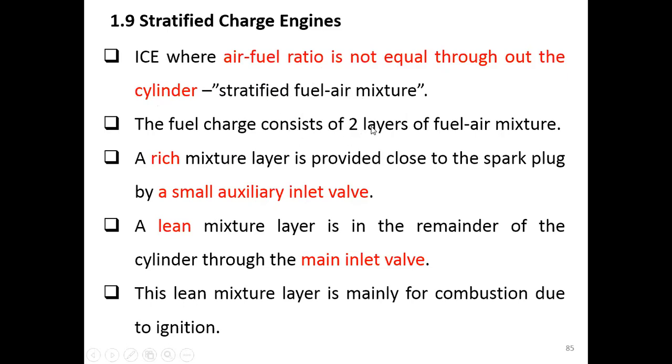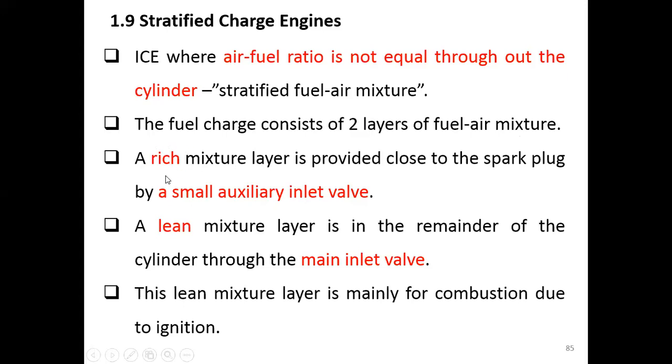This stratified air-fuel mixture consists of two layers of fuel-air mixture. There are two layers, not one homogeneous or uniform layer. That means it is not uniform, not homogeneous. The first layer is a rich mixture layer.